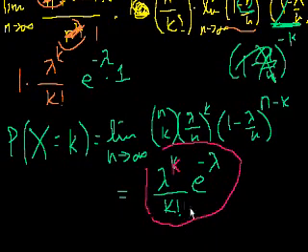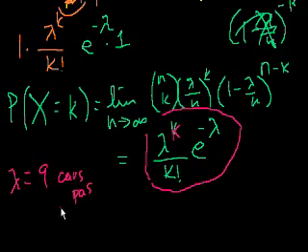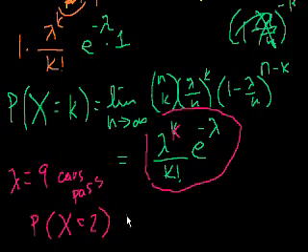But anyway, just so that you know how to use this thing, let's say that I'm the traffic engineer, and I figure out that on average 9 cars pass per hour. And I want to know the probability that, in a given hour, exactly 2 cars pass.